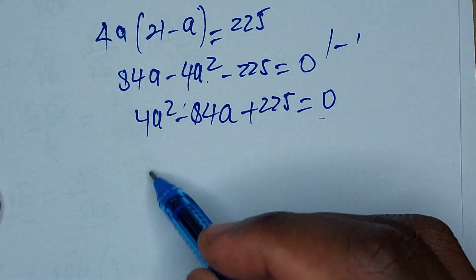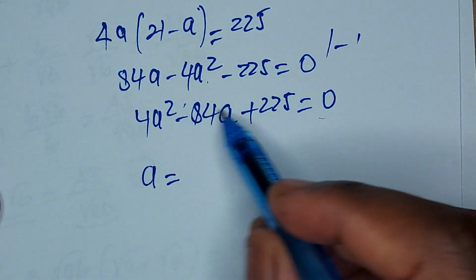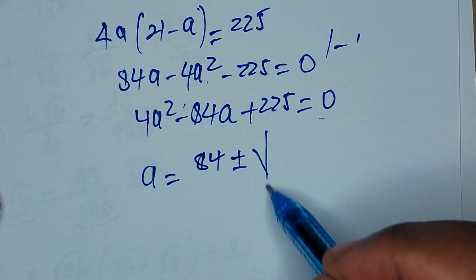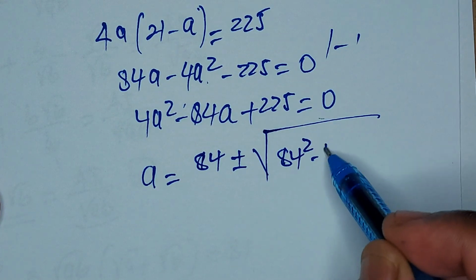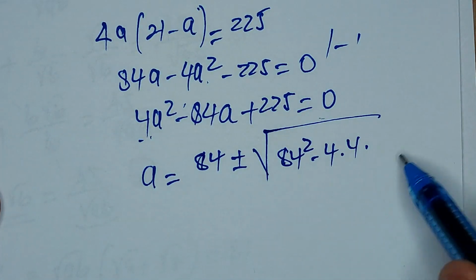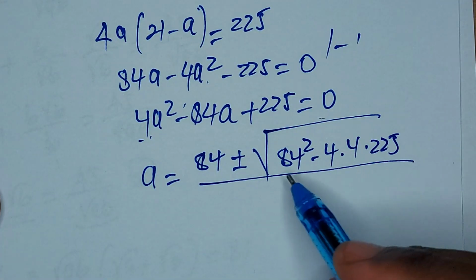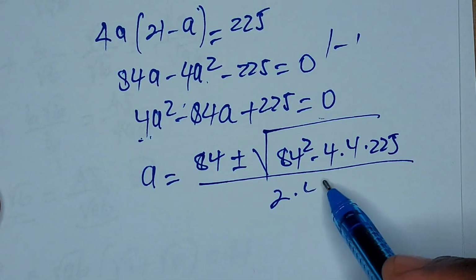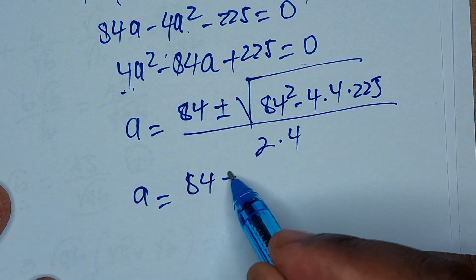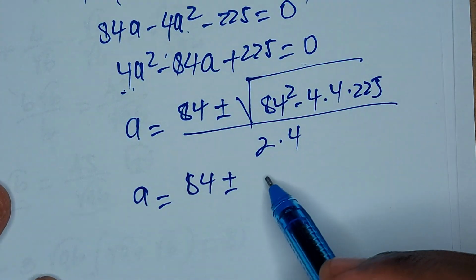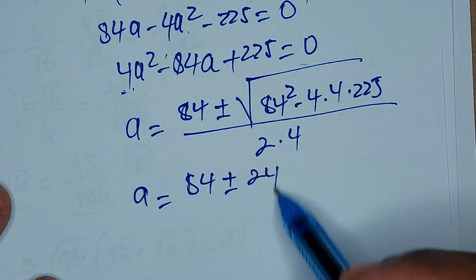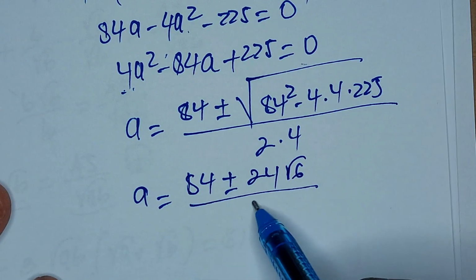So we would say that our value of A would be equal to minus B, which is 84 because it's already negative, plus or minus square root of 84 squared minus 4 times 4, which is A, times C, 225, and then this is going to be 2 times 4. Then we will have A equals 84 plus or minus, solving this, as I have already done this, we're gonna have 24 square root of 6, and this is divided by 8.